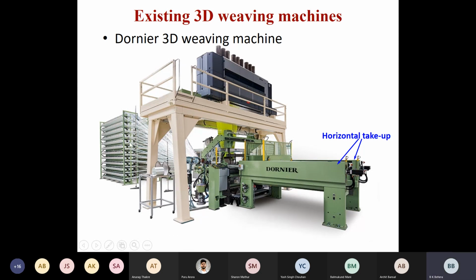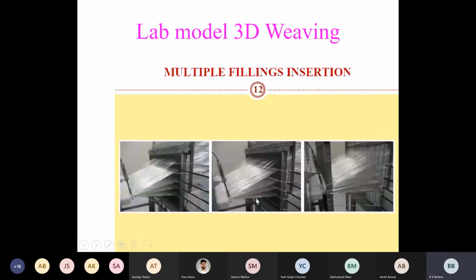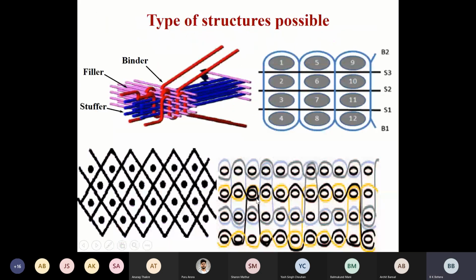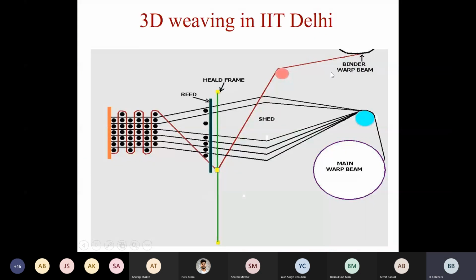So stuffer yarns will be passing through a separate heald frame. Binder yarn will pass through a separate heald frame. As you can see in this diagram, try to understand. So, or you go to this diagram. This is binder thread. Binder thread is coming from a separate beam and also drawn through a separate heald frame.